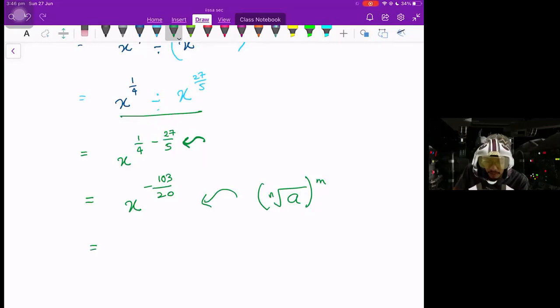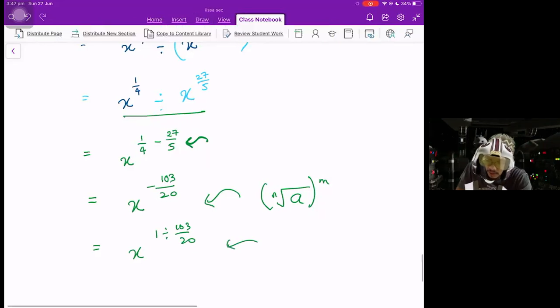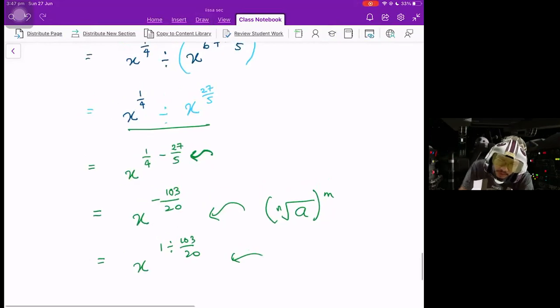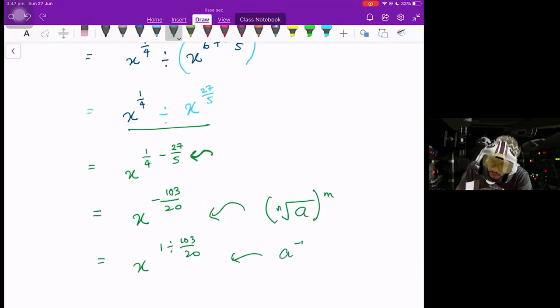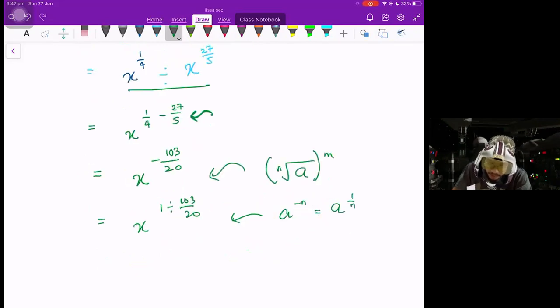If that's a negative number, what we can do is 1 divided by x to the power of 103 over 20, because we are using the negative index rule, a to the negative n equals 1 over a to the n. So this is going to be x to the power of 20 over 103.